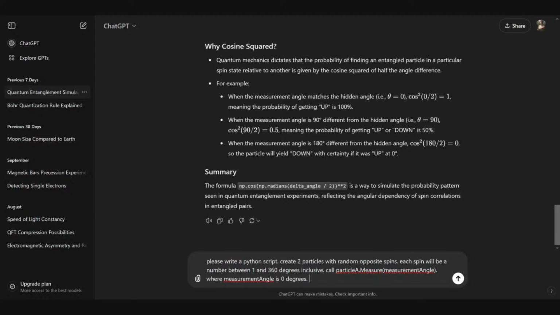Now, when we measure, we want to randomly react. So measure, call on both particles measure measurement angle.